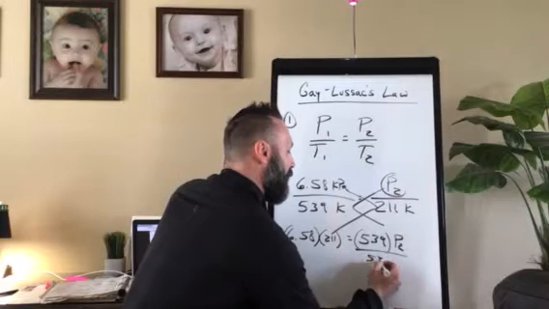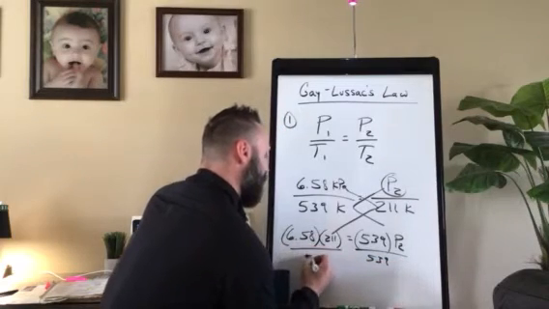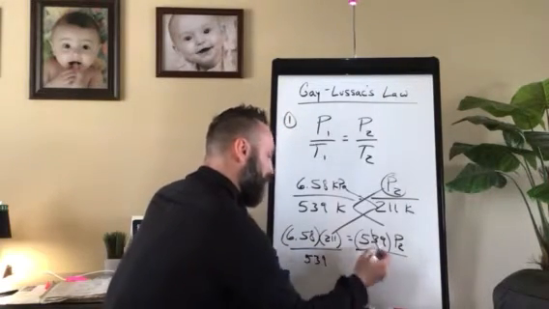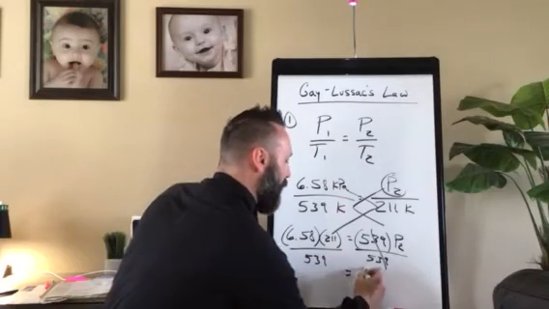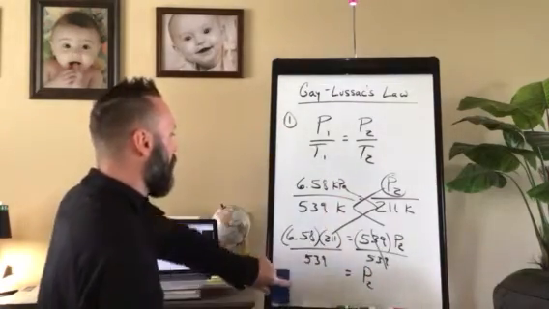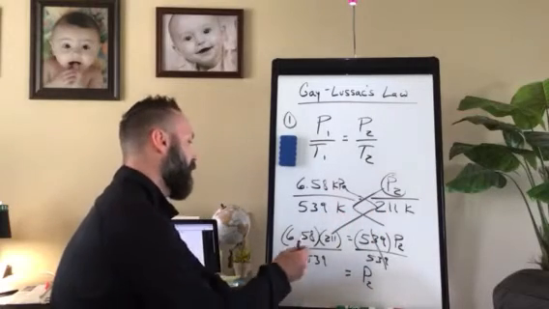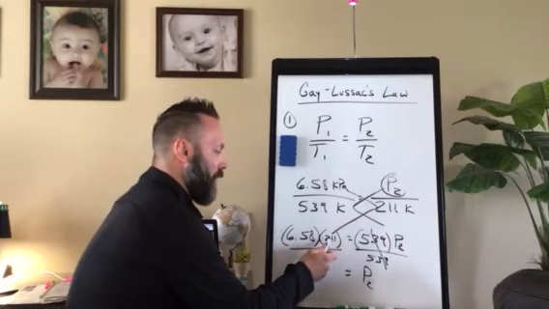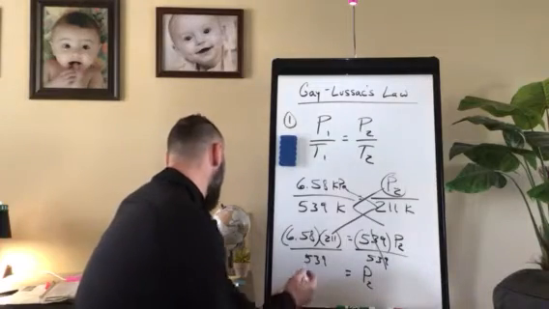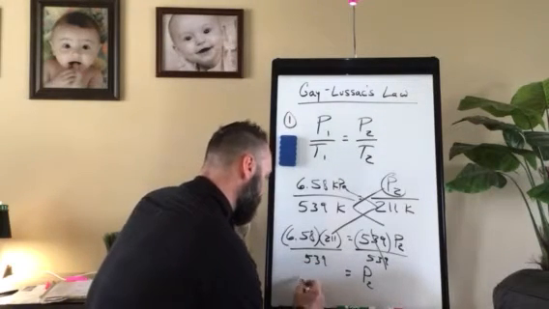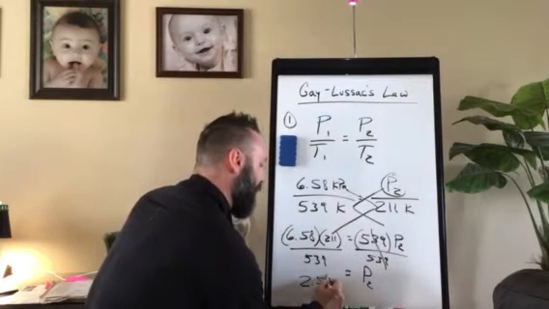Divide by 539 on both sides, and you're left with our pressure. When our temperature decreases, 6.58 times 211 divided by 539 is going to give you an answer to 3 sig figs of 2.58 kPa.